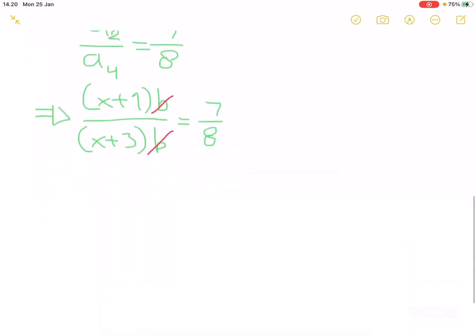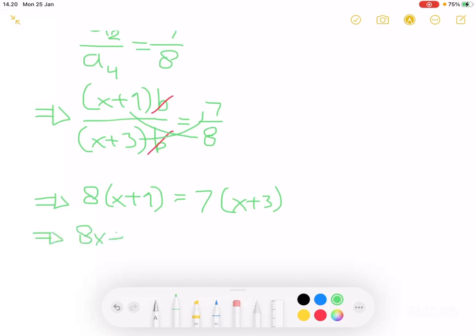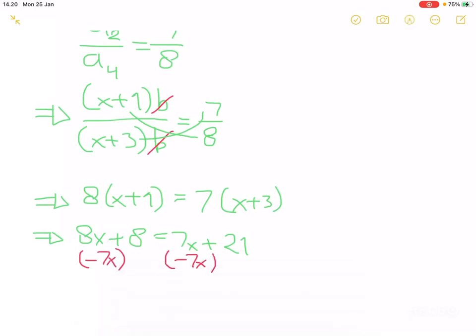And remember, this is always equal to 7 over 8. In a situation like this, you can always cross multiply. So we have 8 multiplied by x plus 1 is equal to 7 multiplied by x plus 3. Then we expand: 8x plus 8 is equal to 7x plus 21. Subtract 7x from both sides, which is simple algebra.